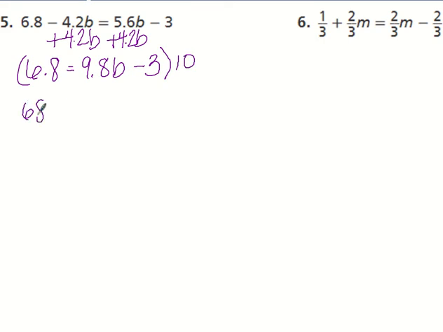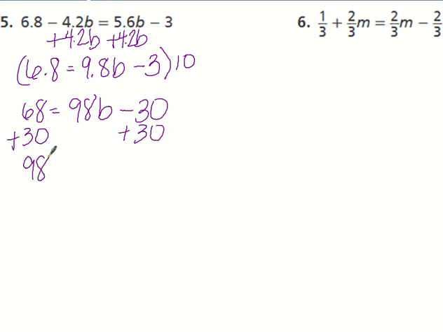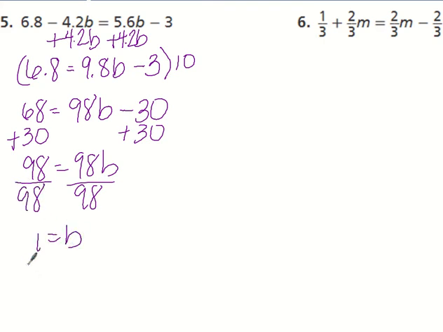So 68 equals 98b minus 30. So we're going to add 30. And we get 98 equals 98b, divide by 98. And 1 equals b. See how I always like to keep my variable where it is? And again, this is just one solution.